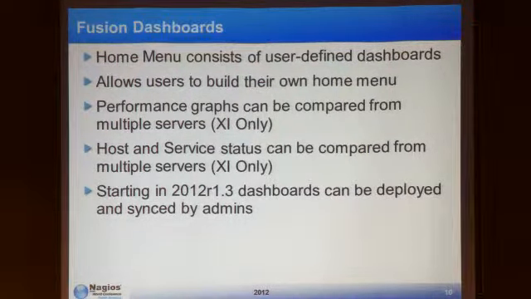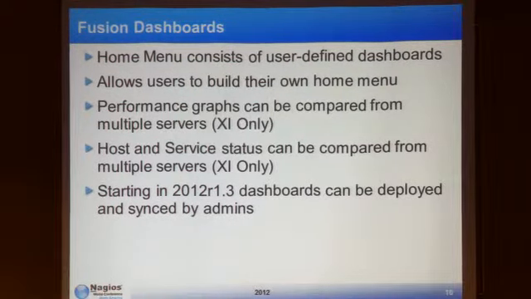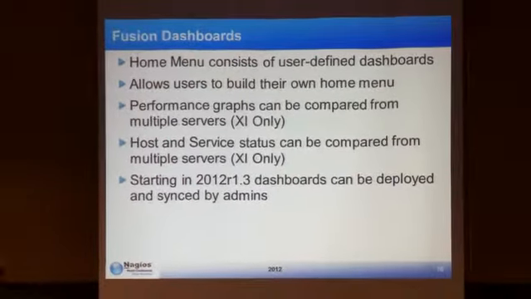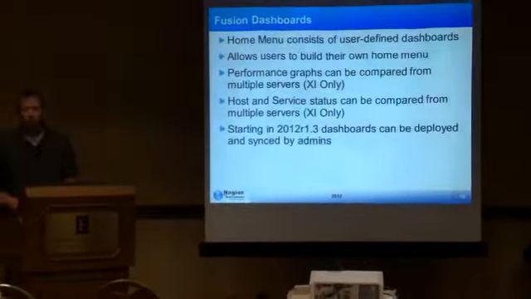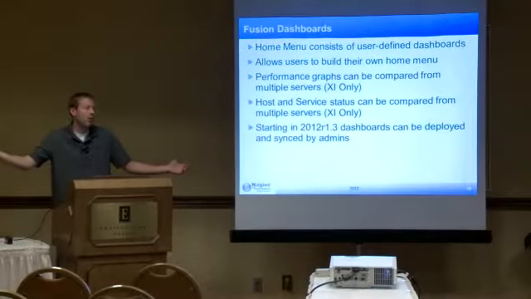A couple of other interesting things that can be done with Fusion: you can compare performance metrics from multiple servers. We've had people ask, is there a way that I can watch what my content load time is if I want to compare it from the West Coast versus the East Coast?